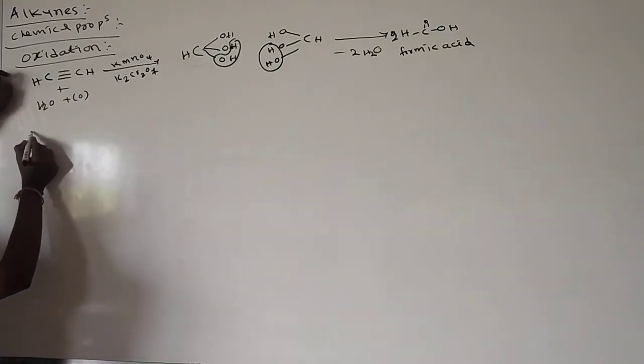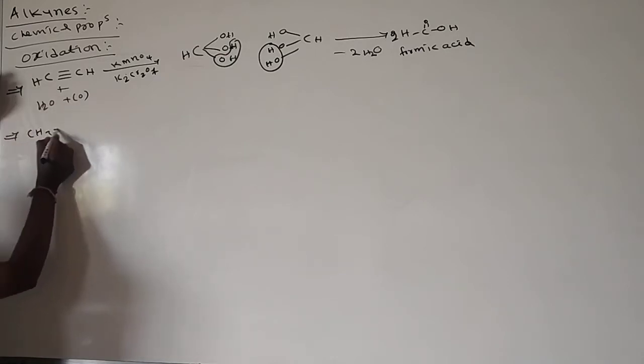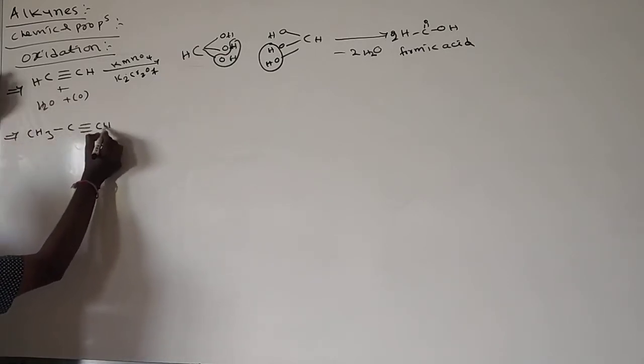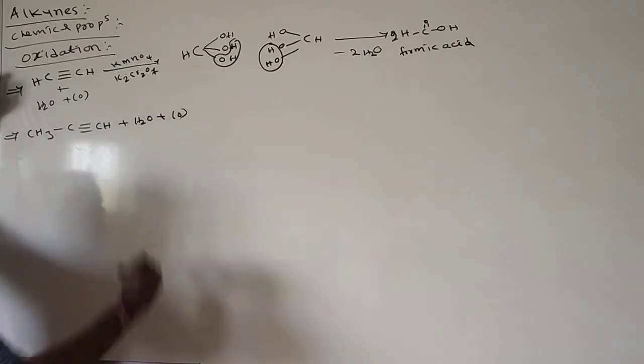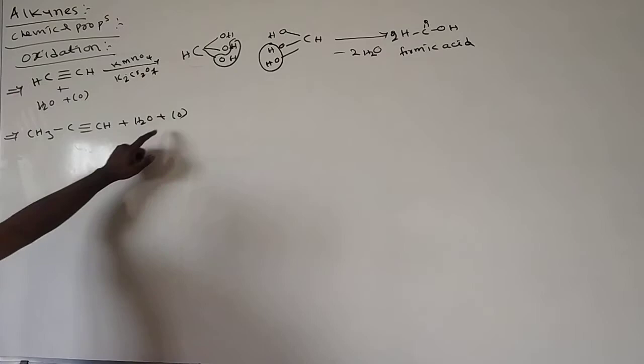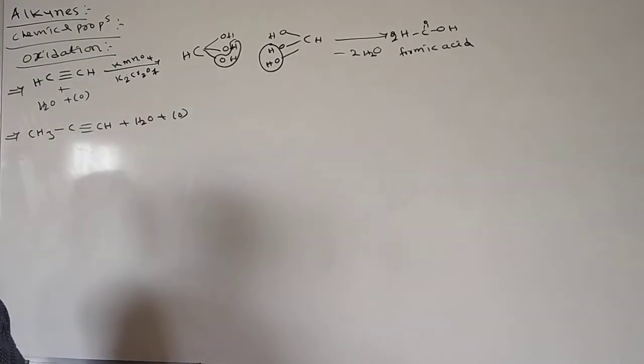Here I am taking one more example. CH3 C triple bond H, add H2O plus nascent oxygen. Oxygen within the bracket we call nascent oxygen, which means newly generated oxygen.